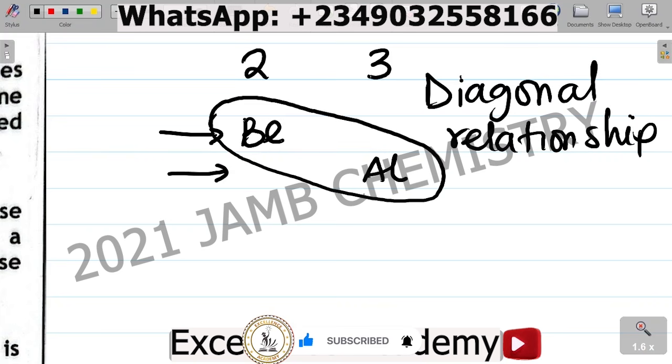Now you want to note that elements that show or form diagonal relationships usually have similar properties due to them having either similar charge, similar radius, or similar polarization power.